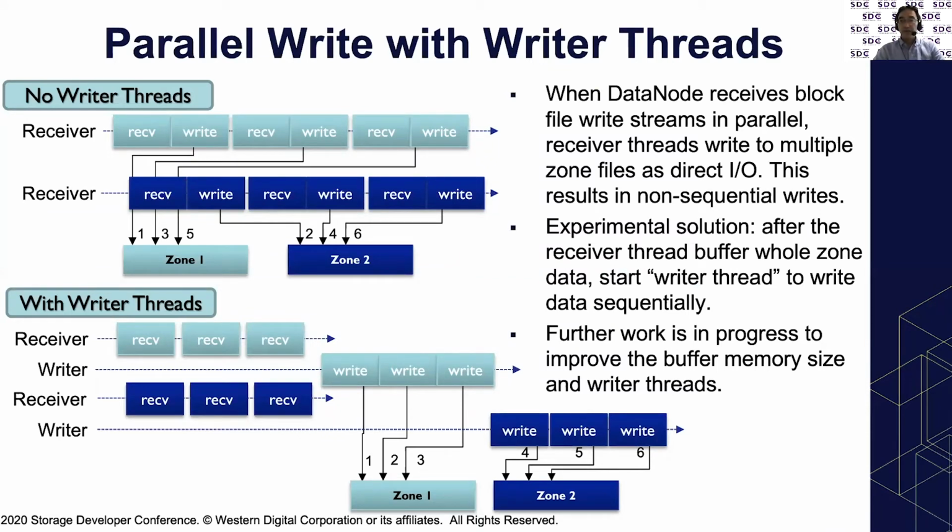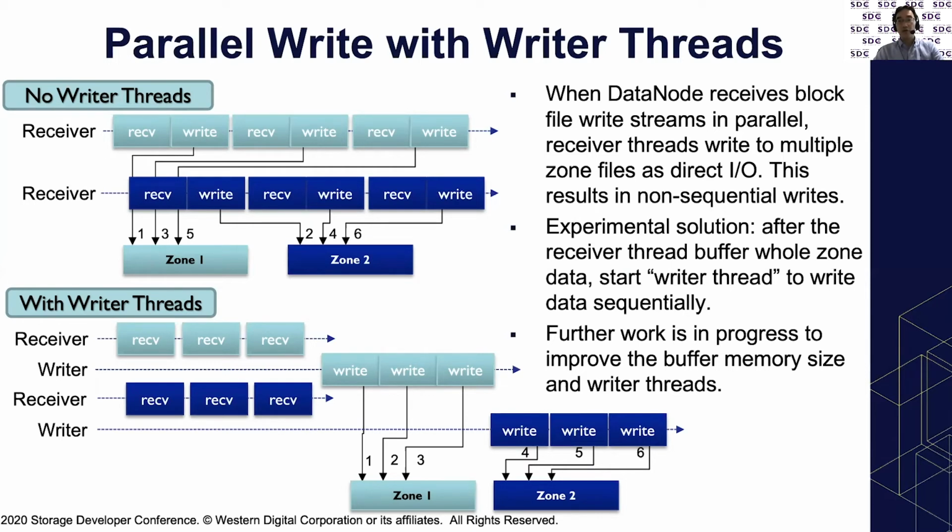With the changes I explained so far, HDFS block files can be written and read using the zonefs files. From file data I/O point of view, zoned block device support is already achieved.